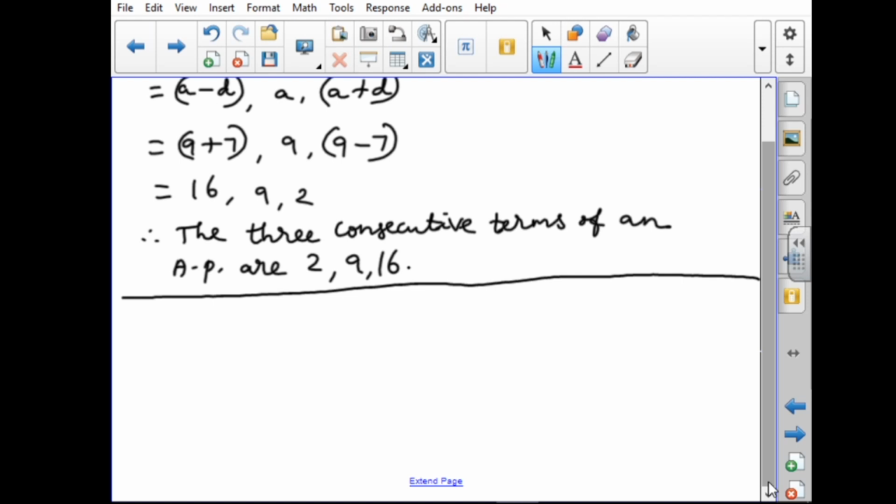Next, the 12th one: the ratio of the 6th and the 8th term of an AP is 7:9.